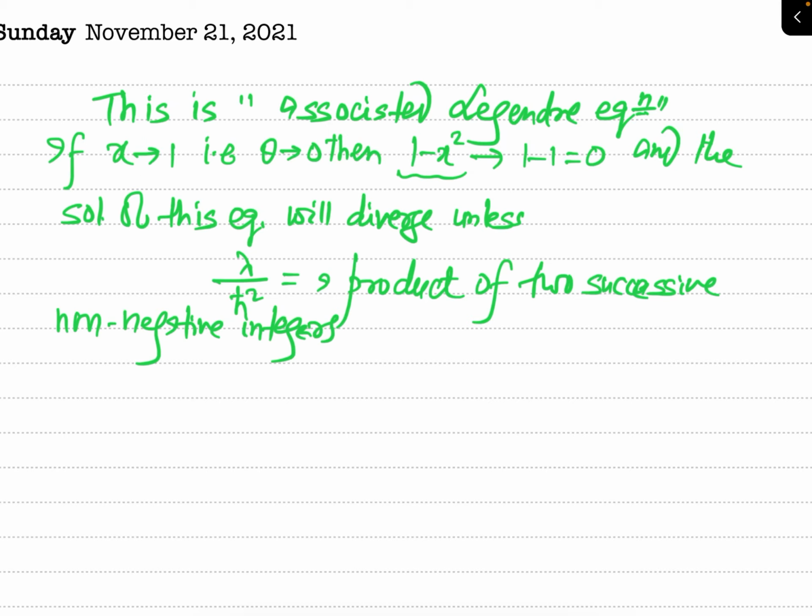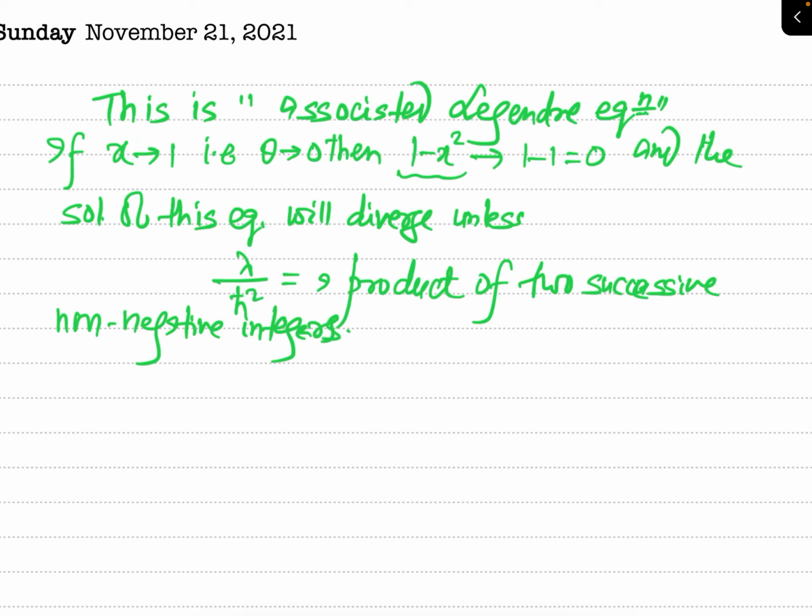I am not saying positive integers but non-negative integers, because that integer may even be 0, and you know 0 is neither a positive nor a negative number. So you should say non-negative integers.